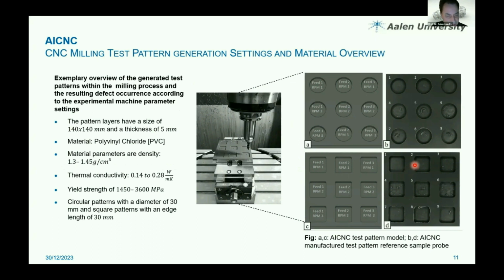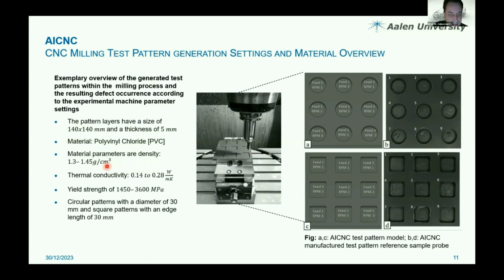On the left side we have a little description of the sample parts we are creating. It's a 140 millimeter part, with thickness 5 millimeters. The polymer part is a polyvinyl chloride PVC material.